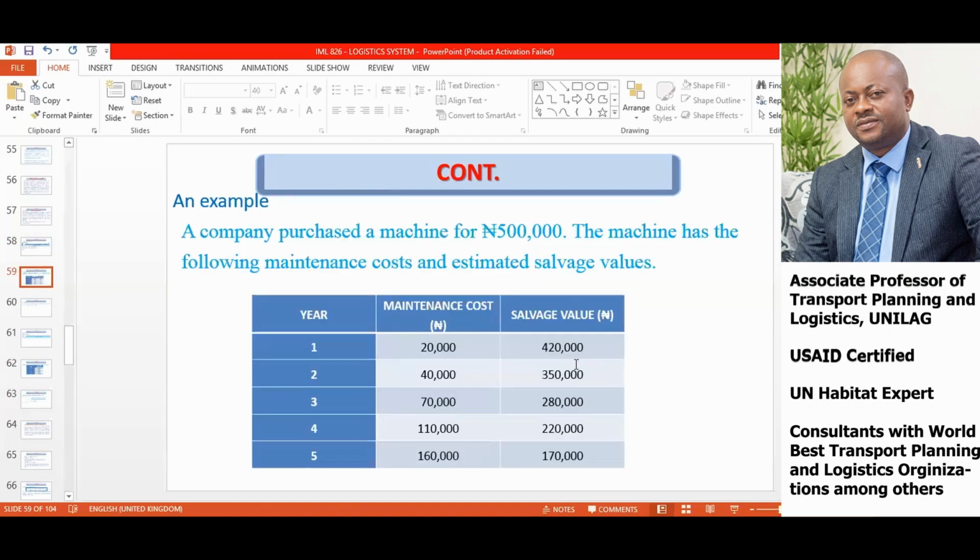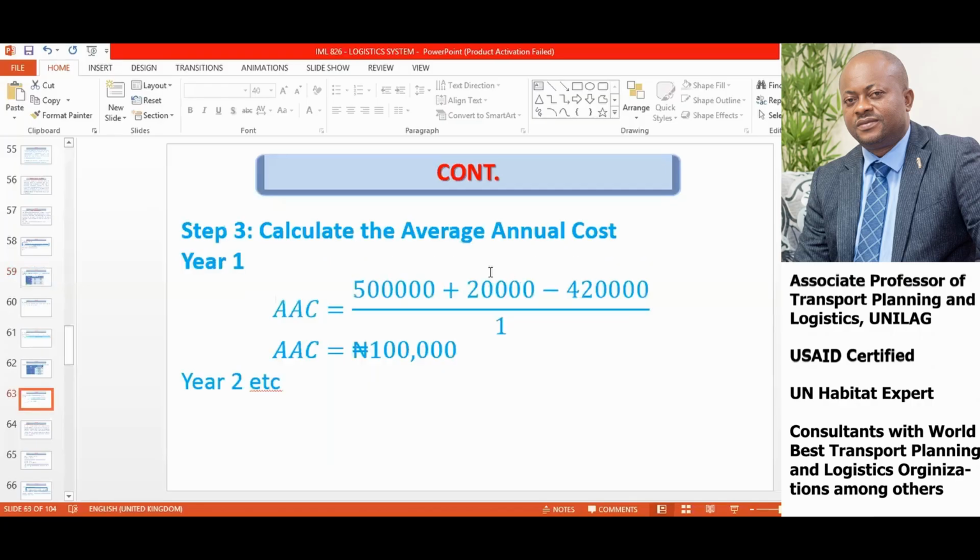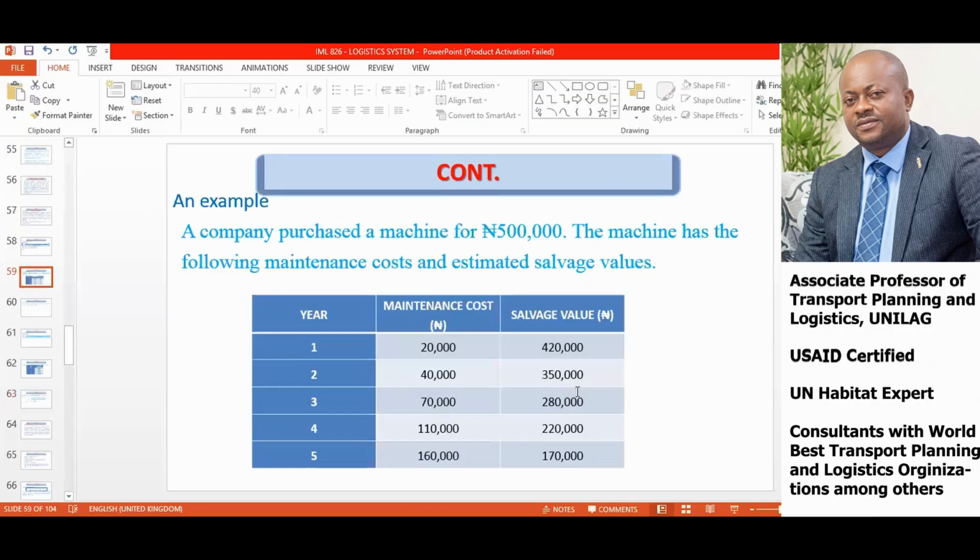And we pick the salvage value. Then 420, that's the 420 that we applied here. We picked the salvage value from here. Are you following? Yes, sir.